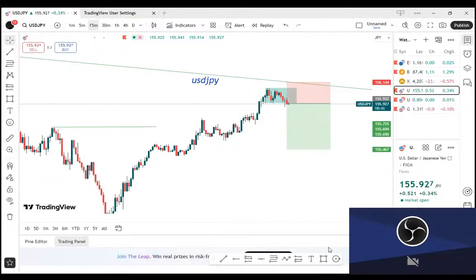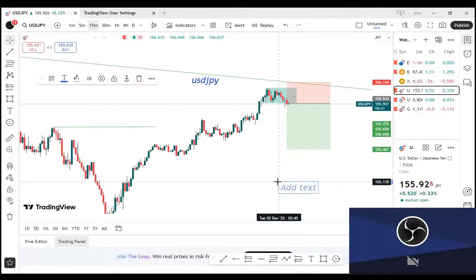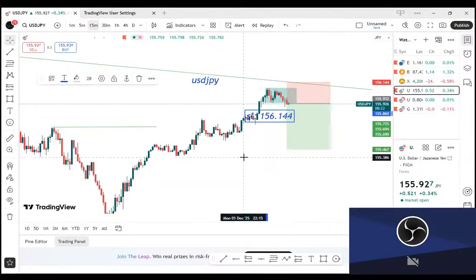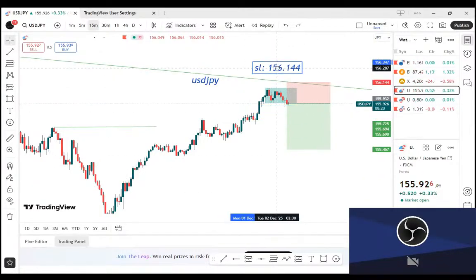So these are the, let me write out the stop loss target, let's say 156.144. So this is the SL target here on USDJPY.